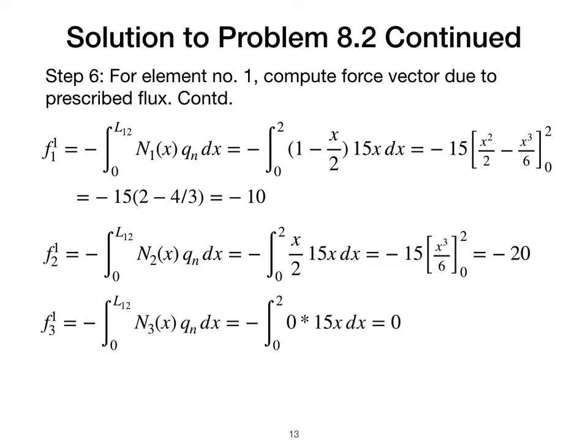Since Qn equal to 15x but N3 equal to 0, the multiplication is 0, hence F13 becomes equal to 0. So the force vector for element number 1, that is F1, becomes equal to a vector containing minus 10, minus 20, 0.